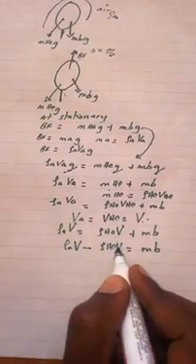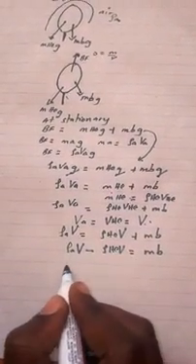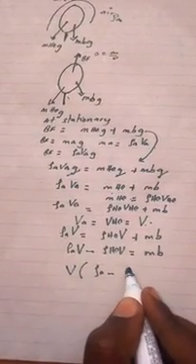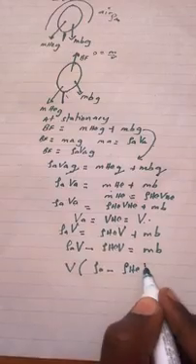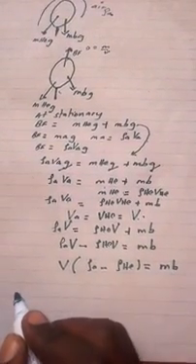Now, factoring out V, we can factor out V. V times the bracket density of air minus density of helium is equal to mass of the balloon and its contents.